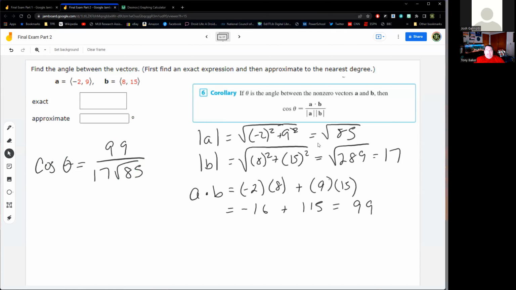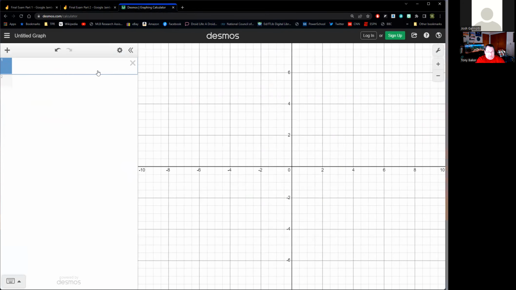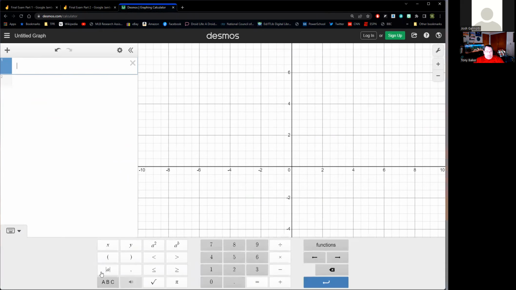It wants it as exact and then the approximate value. So the exact is just the arc cosine of 99 over 17 square root of 85. And then the approximate, you're going to put that in your calculator. So we go back to Desmos. Arc cosine of 99 divided by 17 square root of 85.